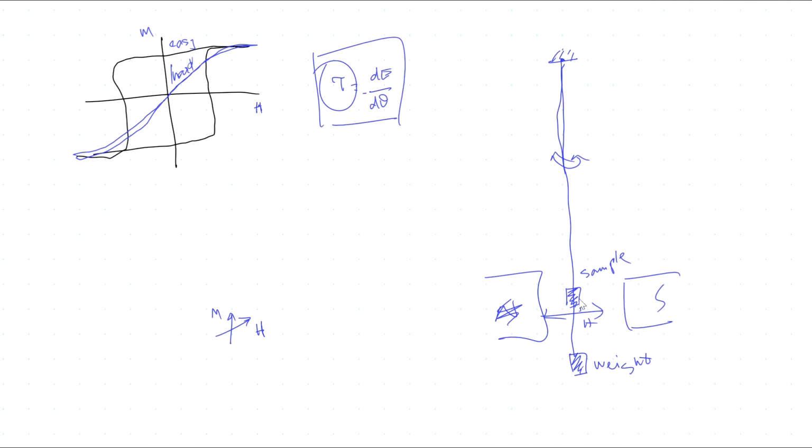All you have to do is to measure this rotation. To measure that, you put a mirror here. You use the laser, you shine the light on the mirror, get it reflected, and detect the deflection of the laser beam. So by measuring the deflection, you should be able to calculate the torque that you apply with a magnetic field to this magnetic moment and to the sample.